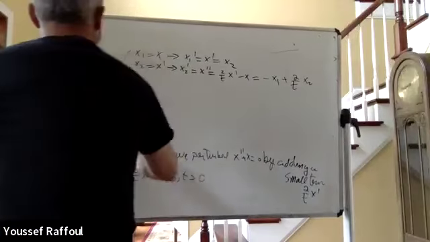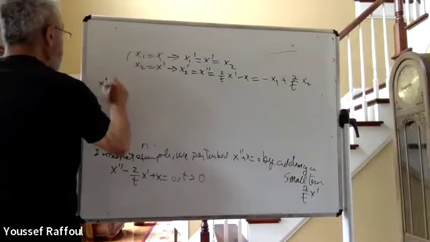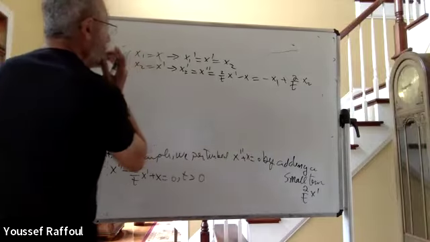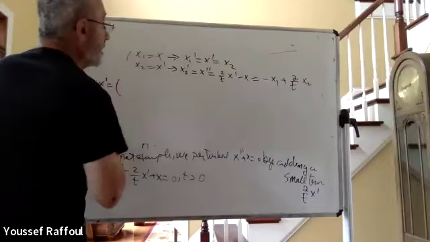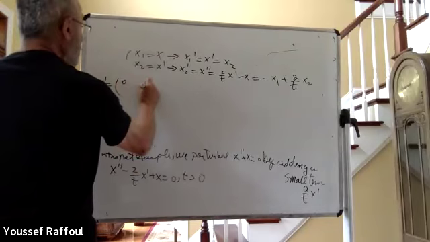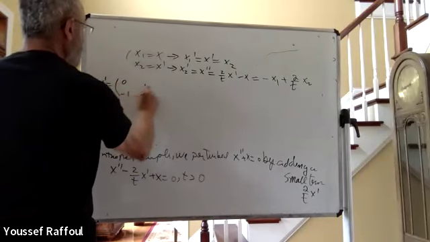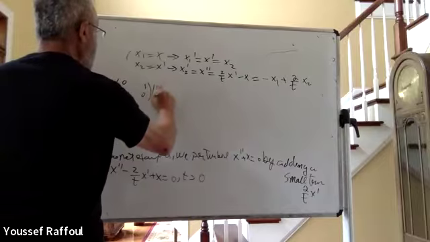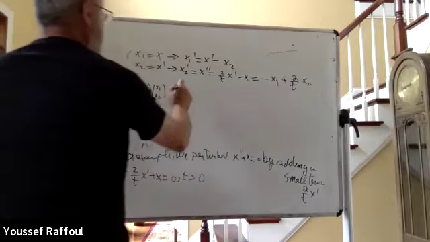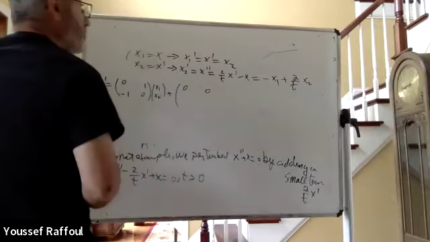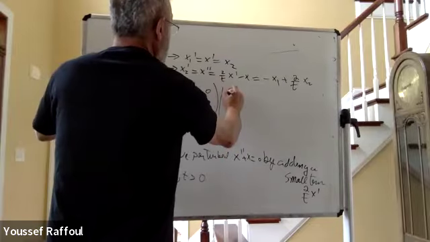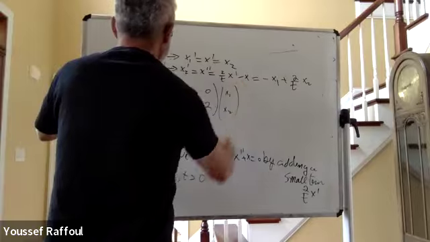So notice how I am going to write this. I'm going to write it as the matrix 0, 1, minus 1, 0 times x1, x2, plus the matrix 0, 0, minus 1, 2 over t times x1, x2.